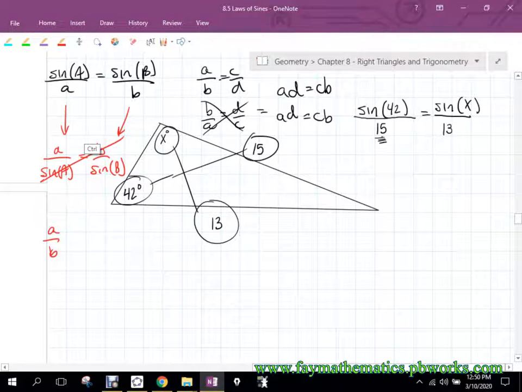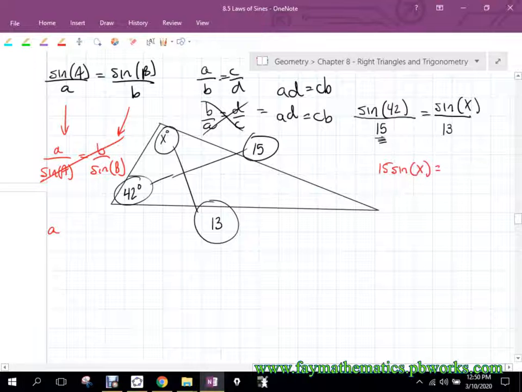So when we do this, we should cross multiply and get 15 sine of x equals 13 sine of 42, right? Sine of x. Do you know what x is? No. So right now, if I knew x was 30, sine of 30 would be 0.5.